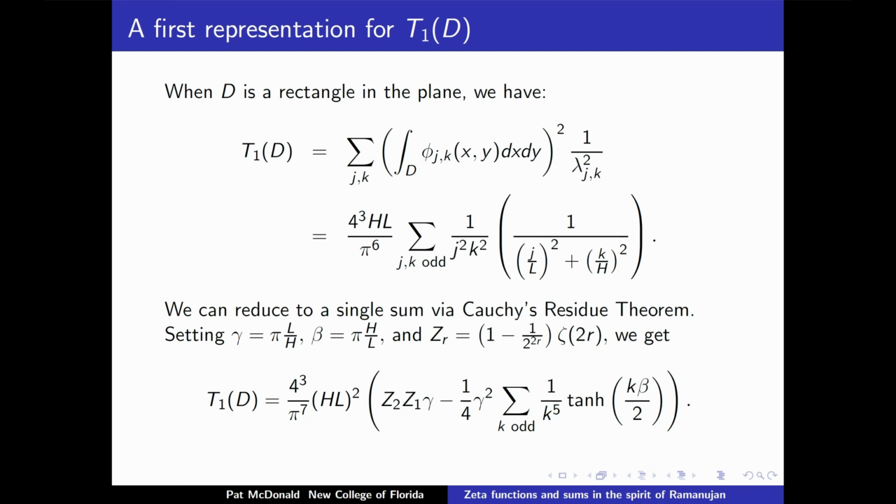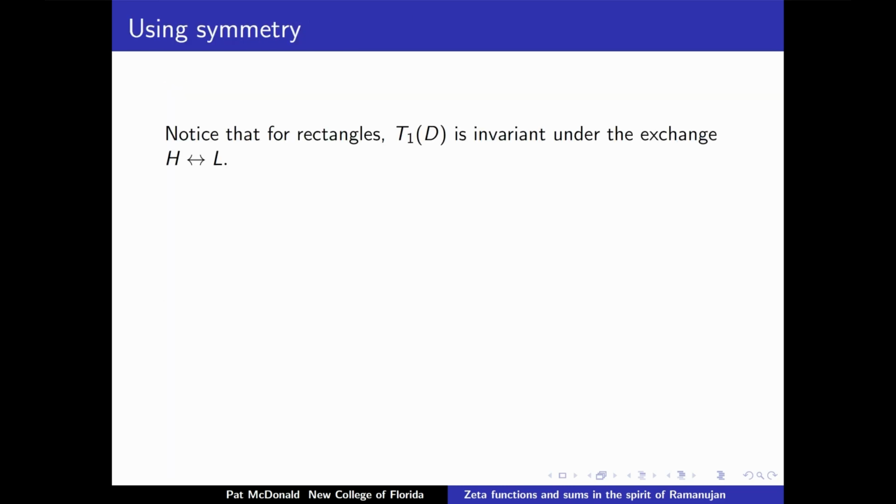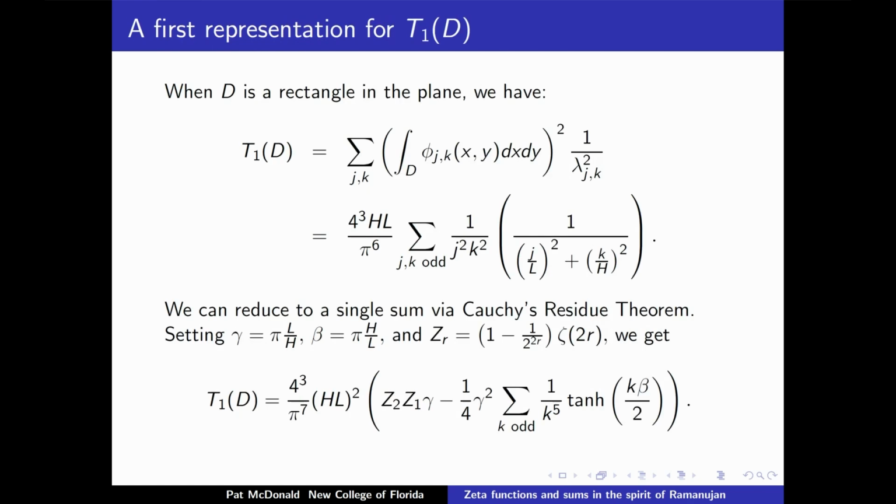So here's the sum that I was talking about that involves Ramanujan, at least part of it. All right, so here's an interesting fact. Rectangles are invariant under swapping height and length. That means I get two different expressions for the same thing, right, if I swap height and length.